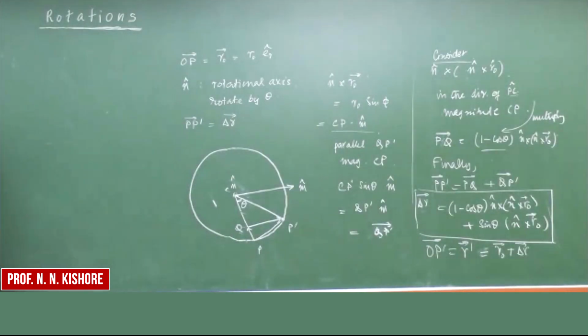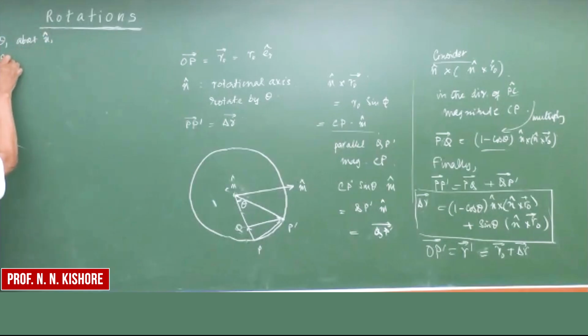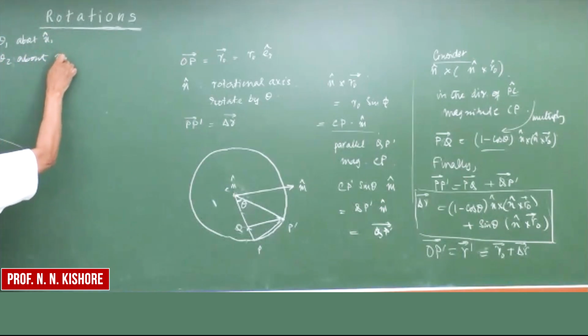So let us do one thing, in the sense of two rotations: theta 1 about the n1 axis and theta 2 about the n2 axis.